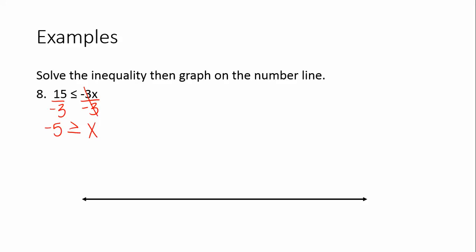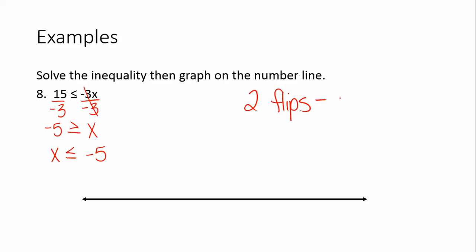But earlier I mentioned that the variable has to be on the left. So now when we rewrite the inequality, we have to flip the symbol again. Negative 5 greater than or equal to x is the same thing as x is less than or equal to -5. So this one has two flips. And this happens anytime the variable's on the other side.